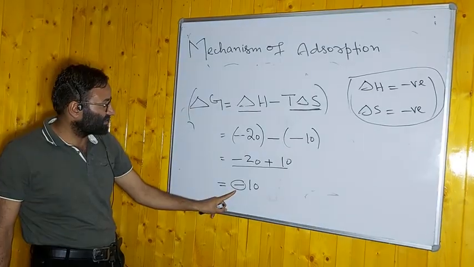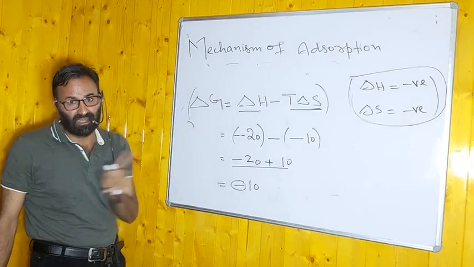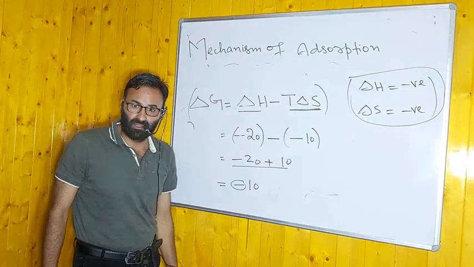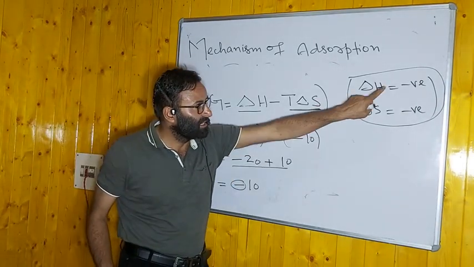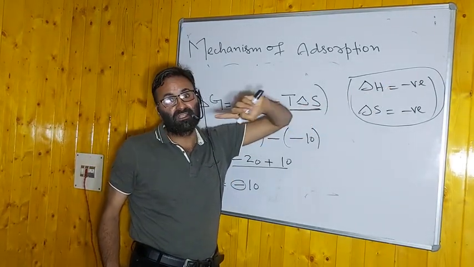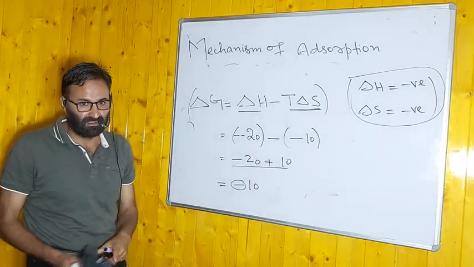When the overall sign is minus, delta G is minus. When delta G is minus, the adsorption process will be spontaneous. This is the only condition. Both are minus, but delta H should have a sufficiently high negative value as compared to delta S. Remember this point, you can mention it.